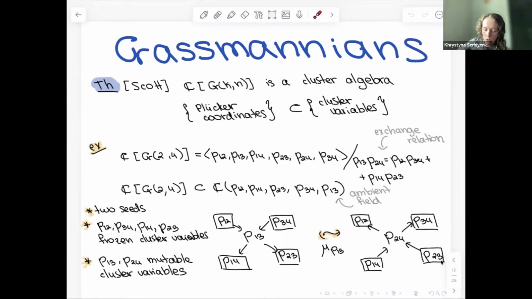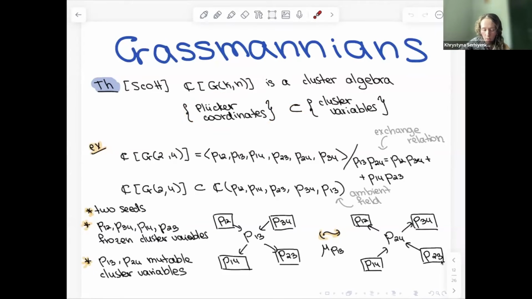In order to find a cluster algebra, you need to tell me what the cluster variables are. In general, this is an infinite set, but all of the nice functions, Plucker coordinates, are examples of cluster variables.